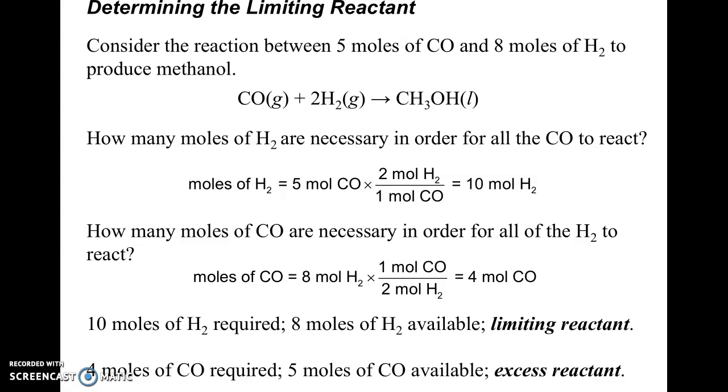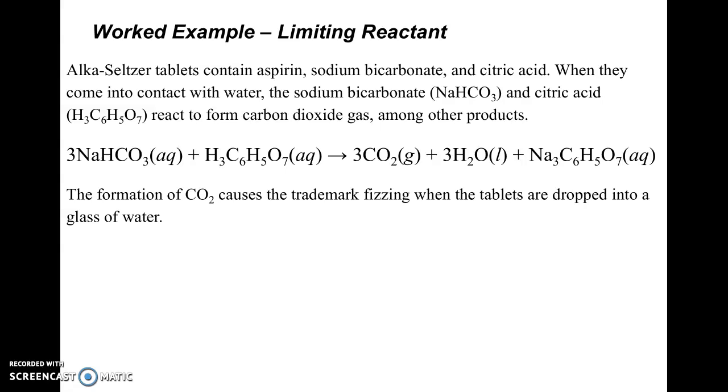We don't have the 10 moles that would be required. So the hydrogen is the limiting reactant. We know we would only need 4 moles of CO to react with all the hydrogen we have, and we have 5 moles, so it's the excess reagent.